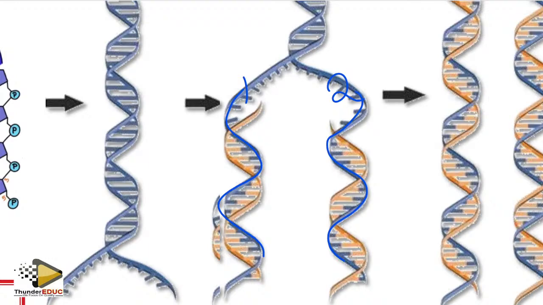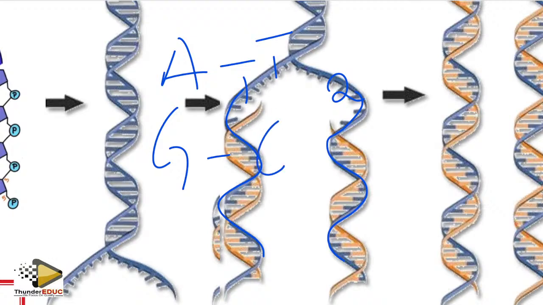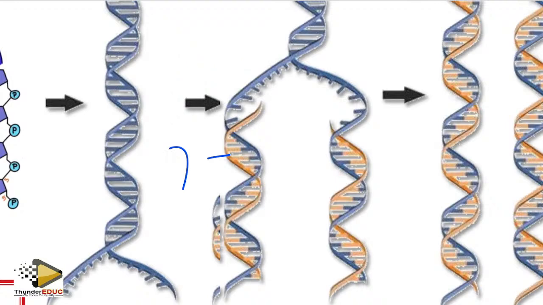So it forms a complementary strand whereby adenine will pair with thymine and guanine will pair with cytosine. That's exactly what happens in there. You understand? Adenine goes with thymine and guanine goes with cytosine.